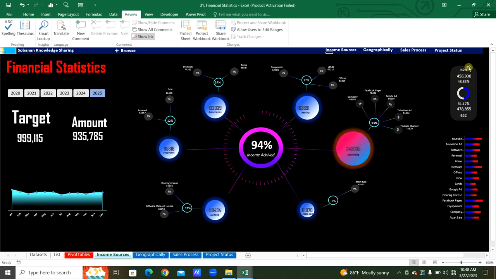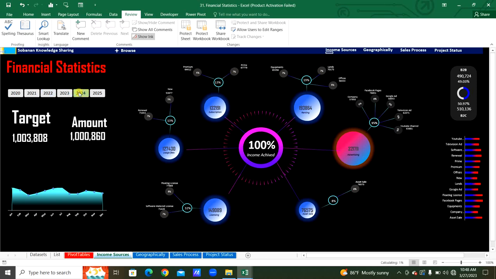And here marketing strategies, B2B and B2C, the percentages and the income gained from the marketing strategies.